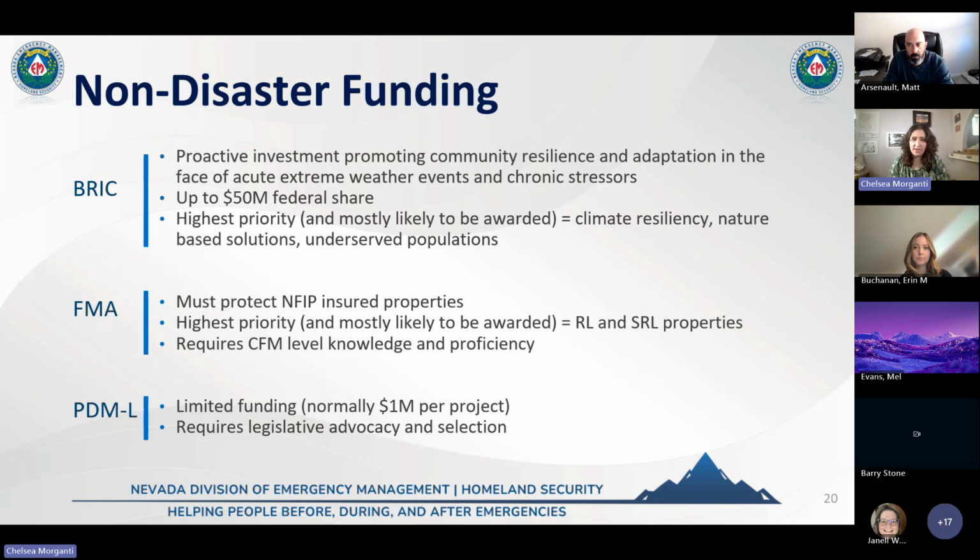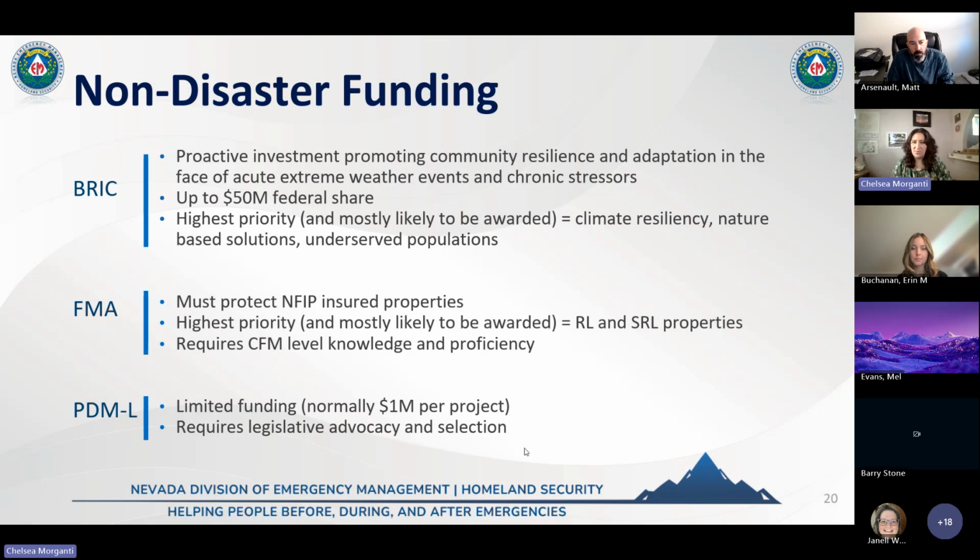Is anyone on the call here today a CFM or involved in floodplain in any way? Okay. If you have interest in FMA to mitigate against flooding hazard for National Flood Insurance Program protected structures, we can have a conversation about what project types might be eligible under FMA for those properties.